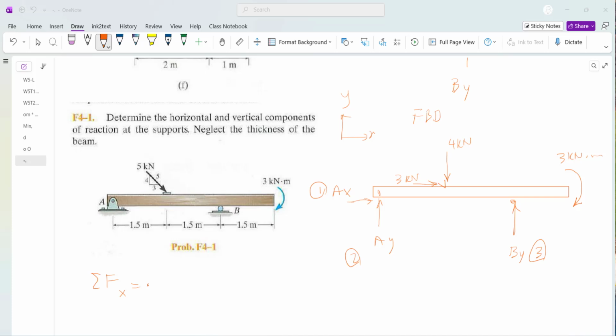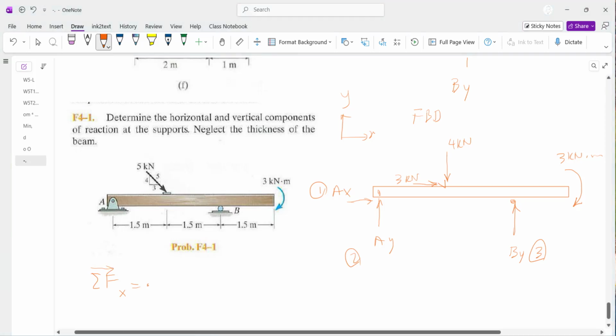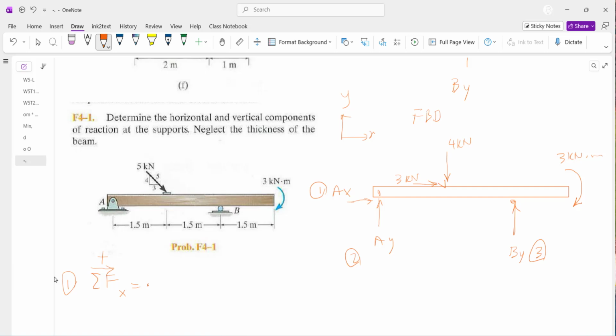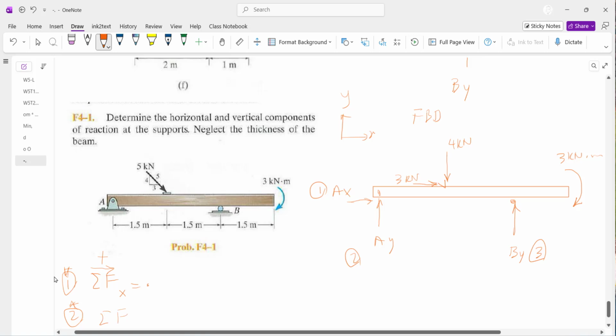That's an algebraic summation, so you have to add a direction, positive direction. This is your assumption. That is condition 1. And then you have condition 2, which is net forces in Y direction equal to 0.